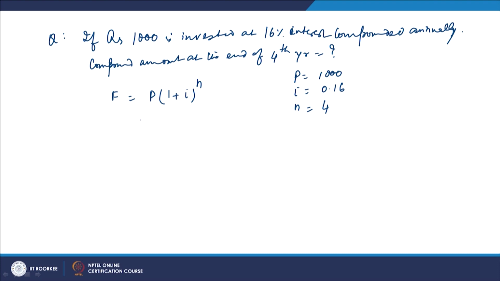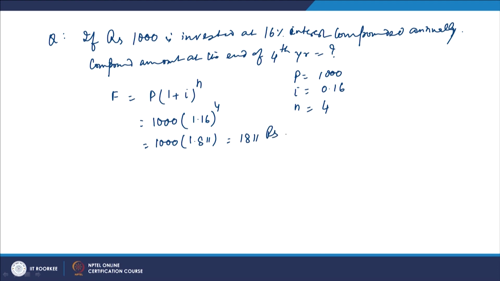So you have 1000 multiplied by 1.16 raised to the power 4, which is 1000 multiplied by 1.811, that is 1811 rupees.